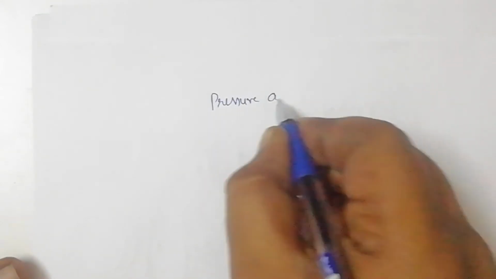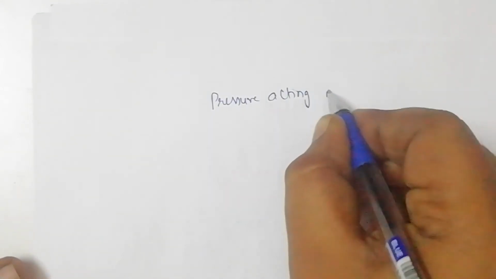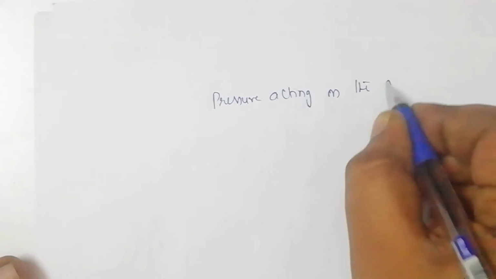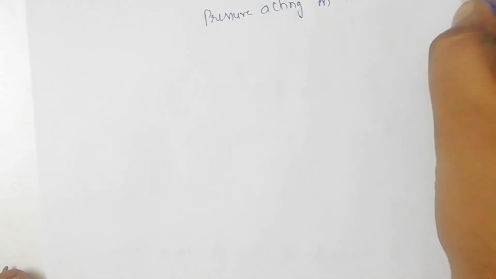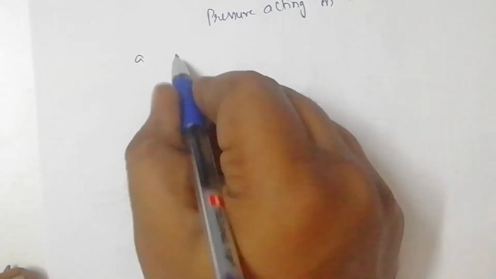So these two pressures, since the fluid is under equilibrium, so the pressure acting on the axis, you can take pressure acting in the axis will have a pressure force.